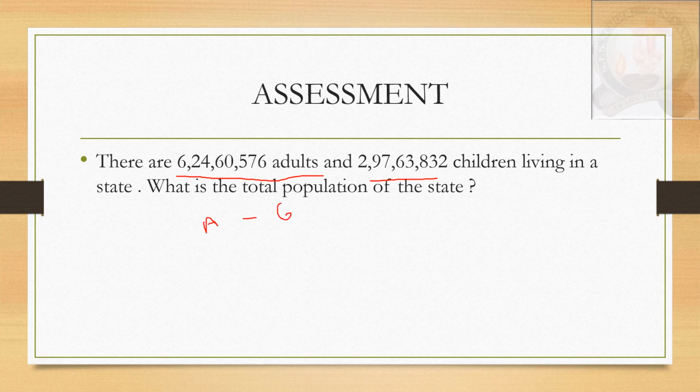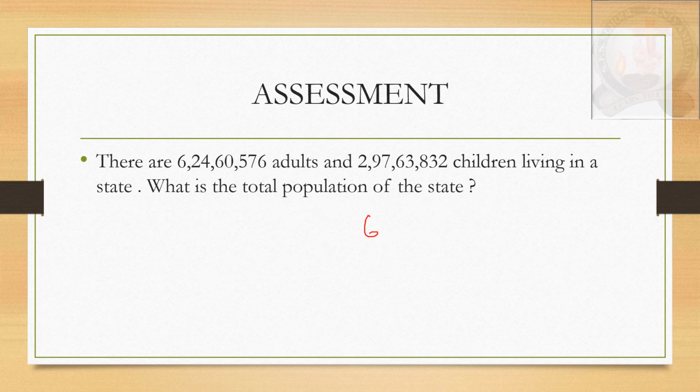Okay, adults is 6 crore 24 lakh 60,576. Next, children is 2 crore 97 lakh 63,832.